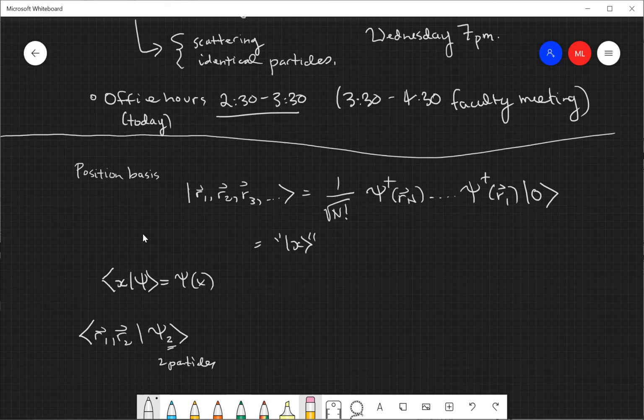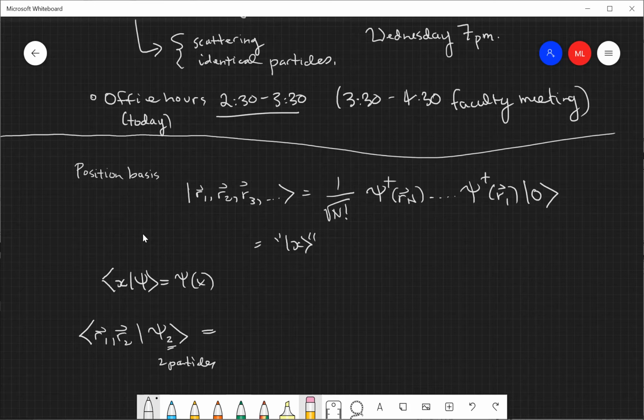And remember that in second quantization, the multi-particle states are generated by acting with creation operators for that particular state of a particle.